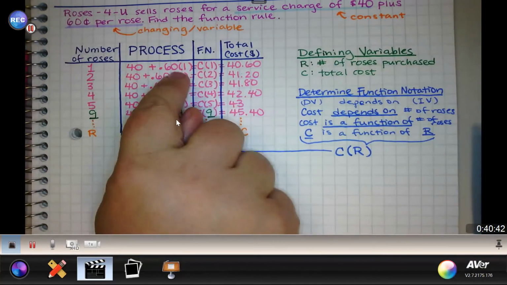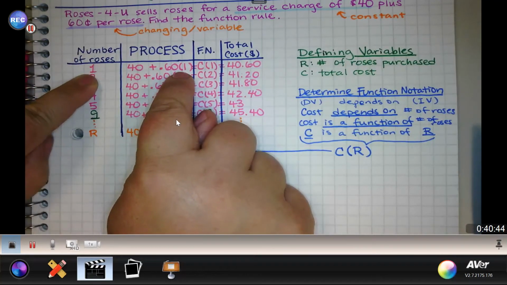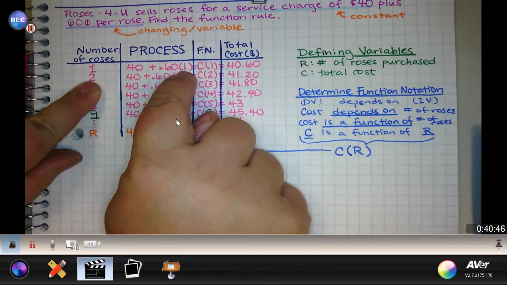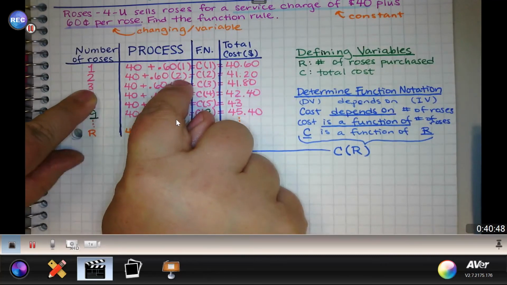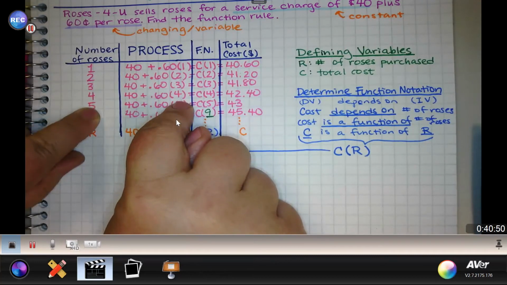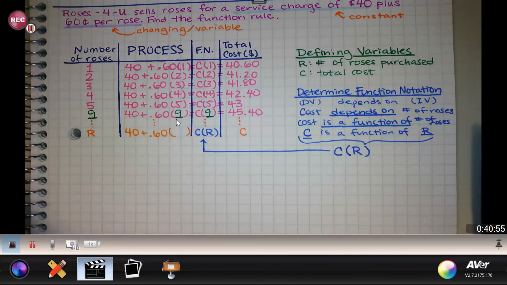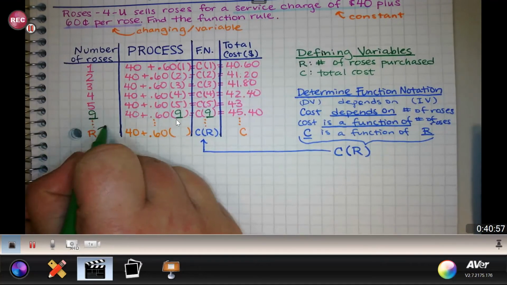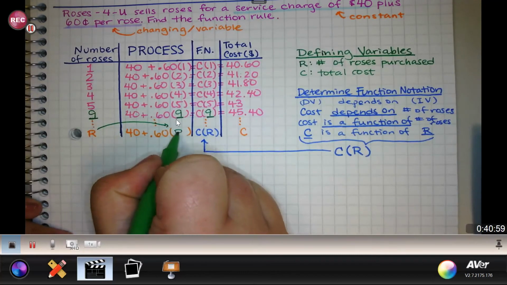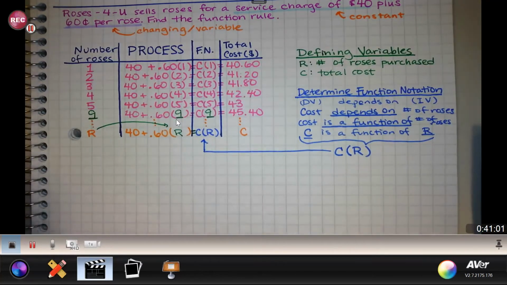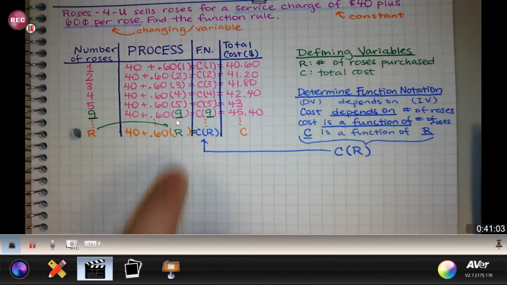Then, again, notice that I multiply it by whatever the input is. So if the input is 1 rose, we put a 1 here. If the input is 2 roses, we put a 2. If it's 3, it's 3. If it's 9, it's 9. So if it's R, make this R. And those are equal to each other, okay?